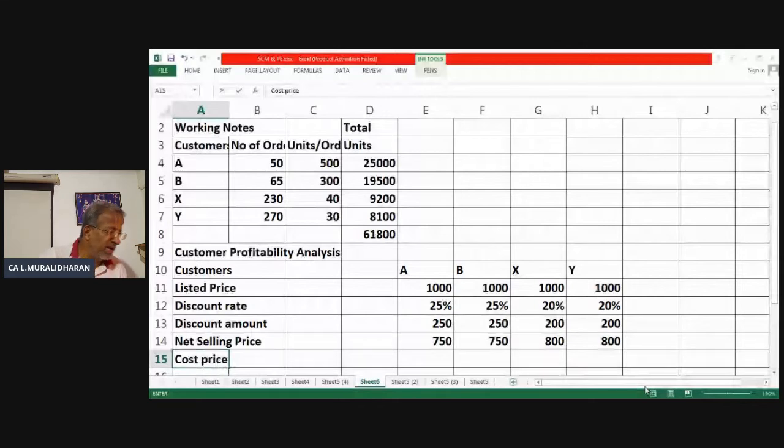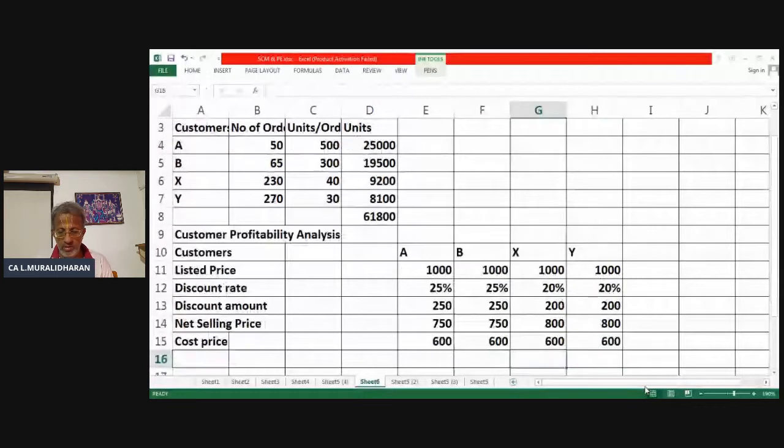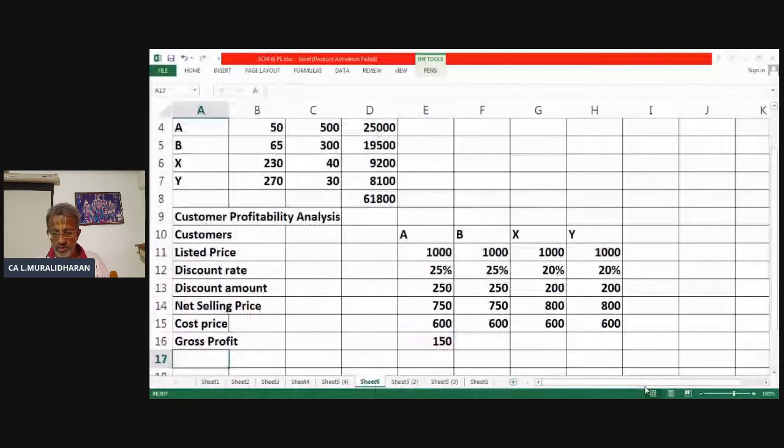Cost price of this item is 600. Gross profit. Okay. So now let us just take up the revenue.